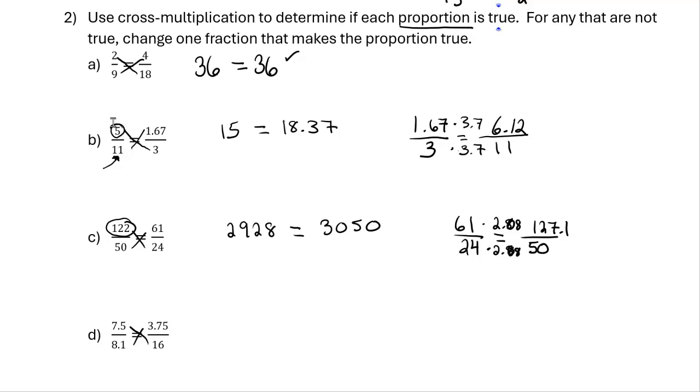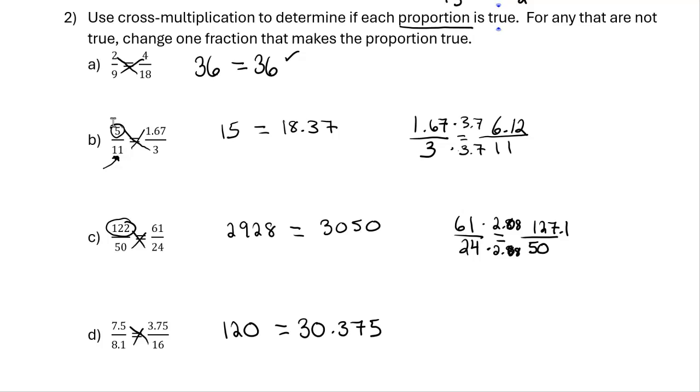All right, so for D, we're going to do 16 times 7.5, and we get 120, and that equals the 8.1 times 3.75. This one is actually a terminating decimal, so it doesn't go on forever, which means that is an exact answer.